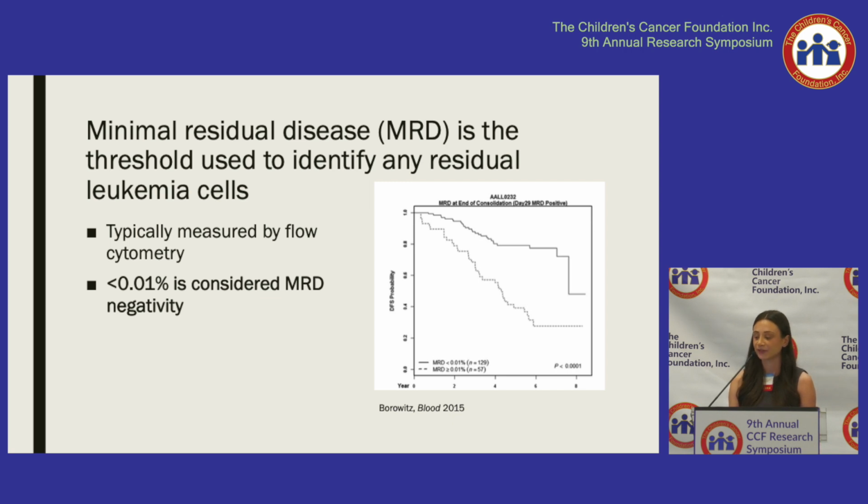Patients, as you can see on the curve to the right, typically do better and have better outcomes if they're MRD negative after induction therapy, and then thereafter if they're also MRD negative after consolidation therapy. This is typically measured by flow cytometry, but we'll get into some other ways this can be measured, and 0.01 is the threshold to consider someone MRD negative or MRD positive.